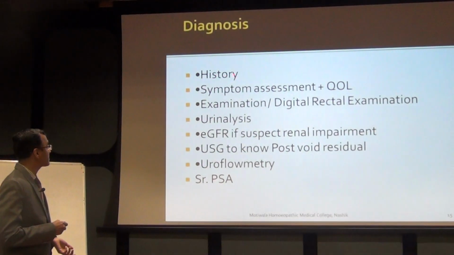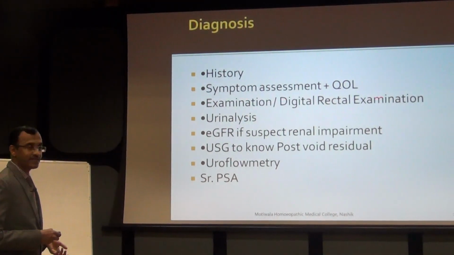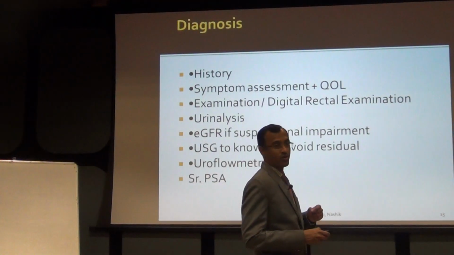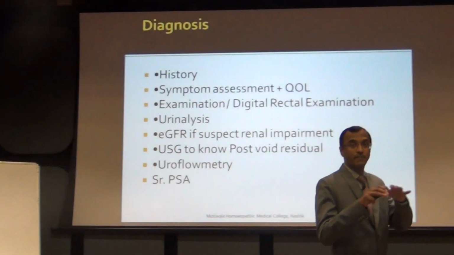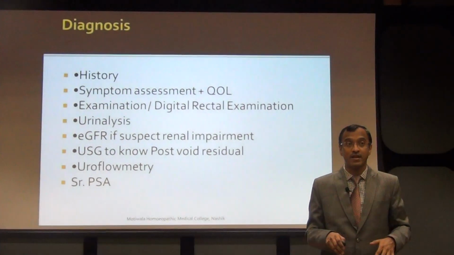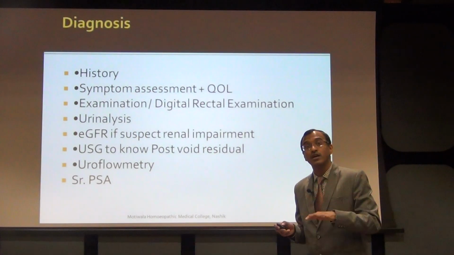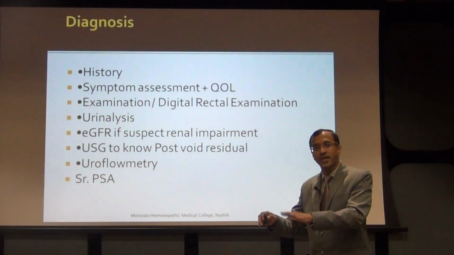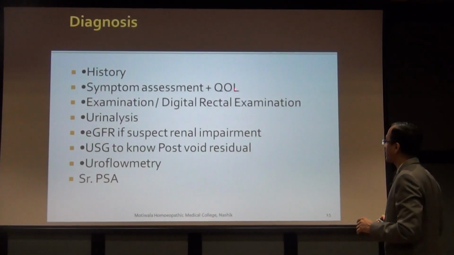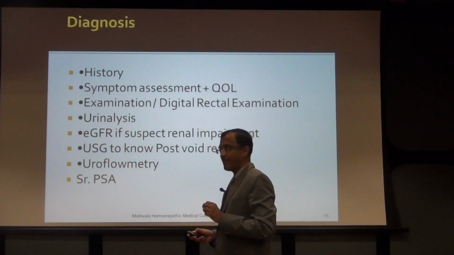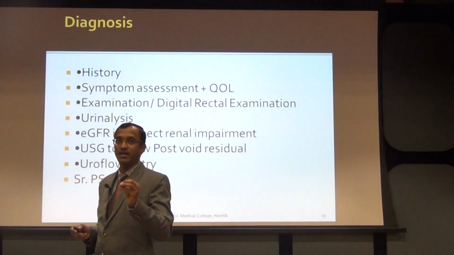So history taking skills are important. The assessment of the symptoms and the quality of life is again important. Nowadays there are many questionnaires available which can help you assess the quality of life affected in benign prostatic hypertrophy.